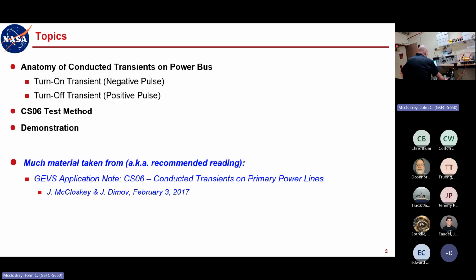It's already up on the Teams page. There is already a folder for Gevs and for application notes, but I'll put that application note in the folder for this session so that you can have access to that and read it if you'd like. It goes into a lot more of the gory details about transients and the math that I know and love.